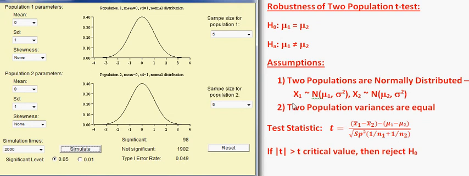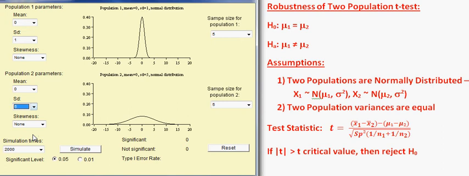So when all the assumptions are true, and in this case both assumptions are true, then your planned alpha level and the true alpha level are going to be very, very close. Now let's say that one of the assumptions is not true. For example, the variance of the second distribution is 5, the first one is 1, so significantly different. If I simulate it, you see the type 1 error rate is higher, 0.076.